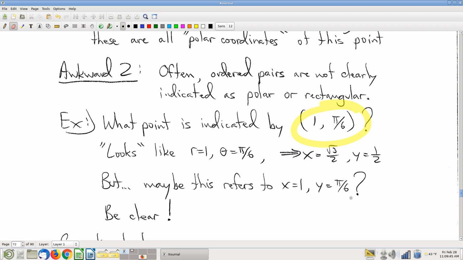So if you just write down 1 comma pi over 6, it's really not immediately clear what you're talking about. So be careful with how you write things down. If it is not blatantly obvious what you mean, clarify. For example, writing r equals, theta equals, that's unambiguous. Likewise, this is unambiguous. That's cool, right? So don't be too sloppy with that.